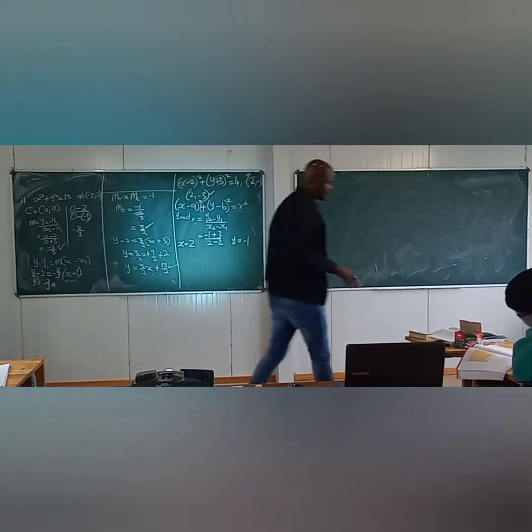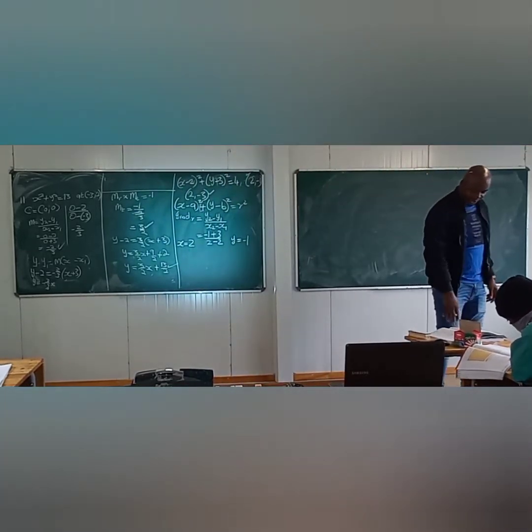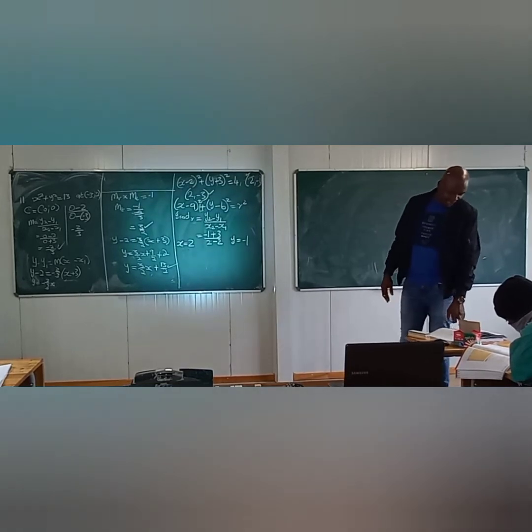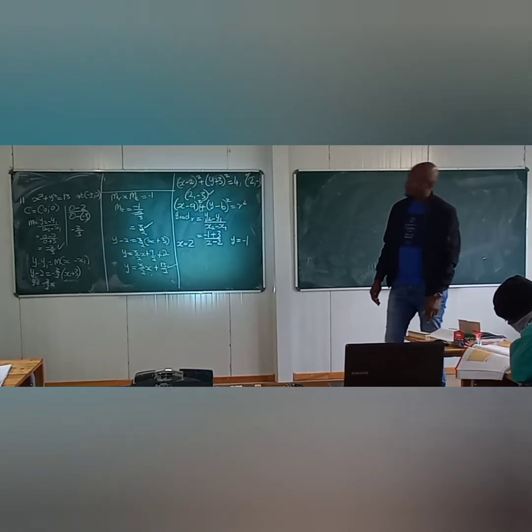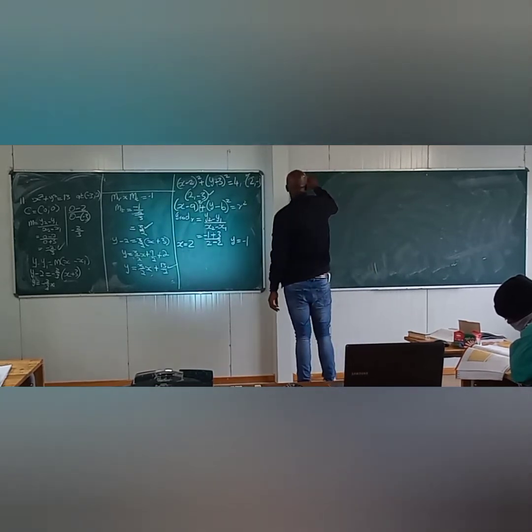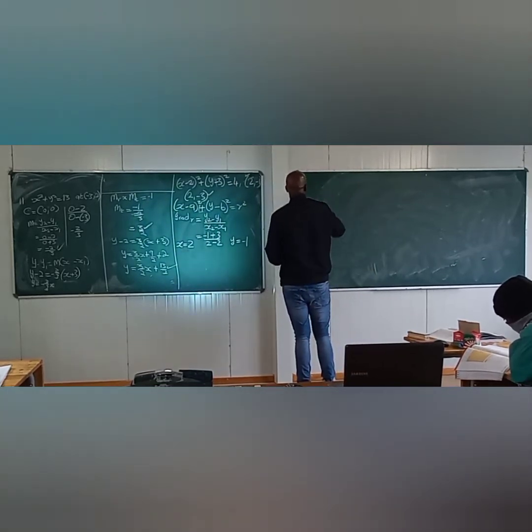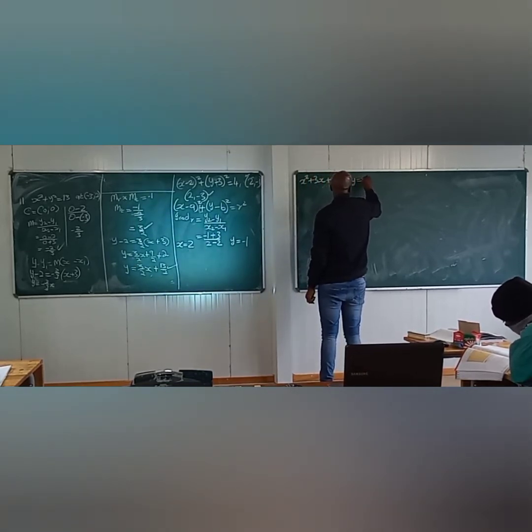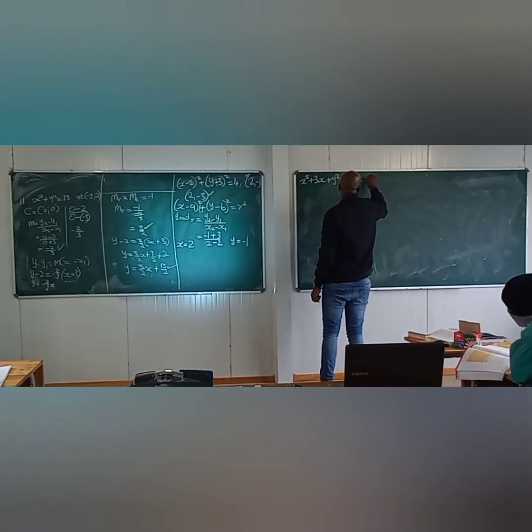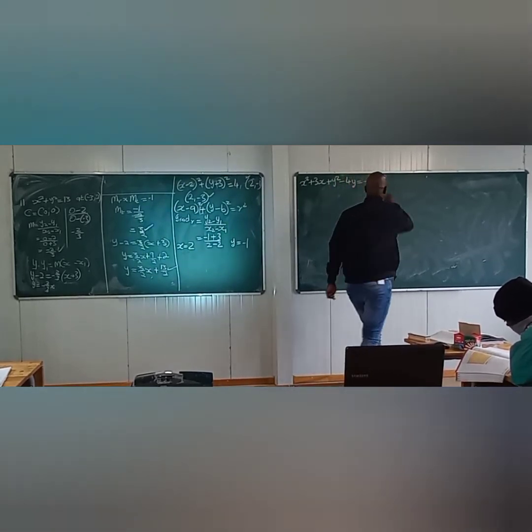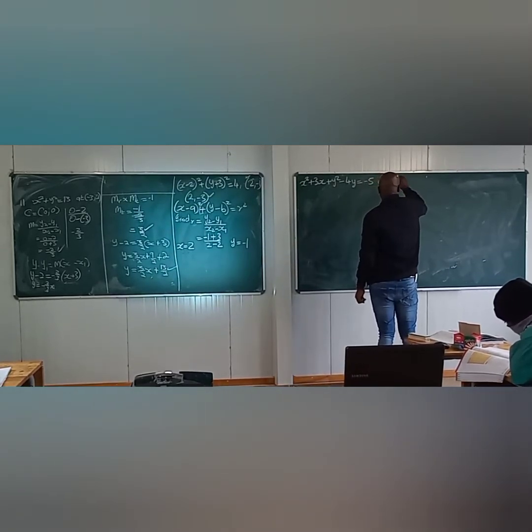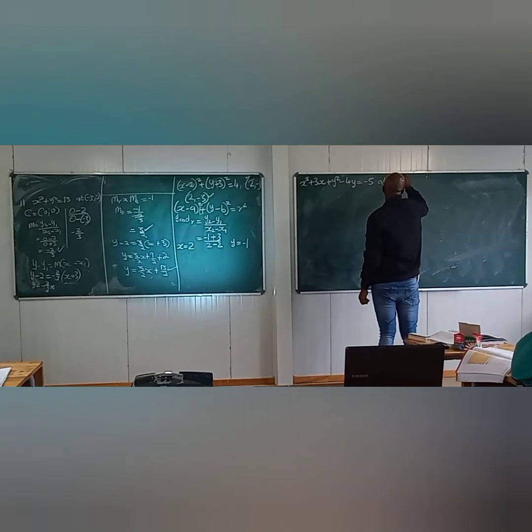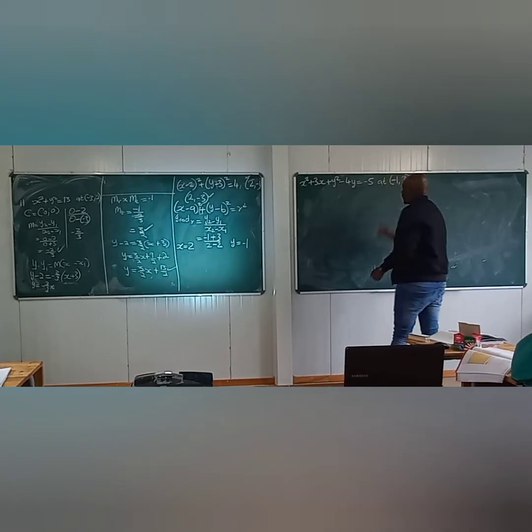Right, now question 1.6: x squared plus 3x plus y squared minus 4y equals minus 5. The point of contact is (minus 1; 3).